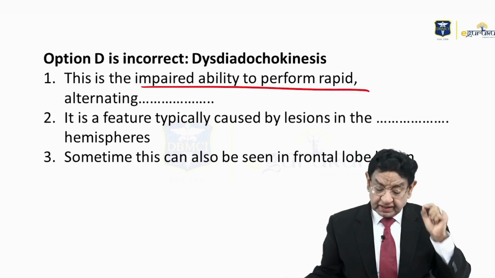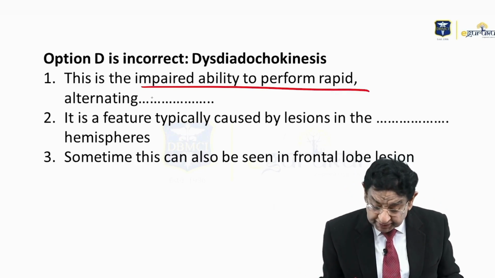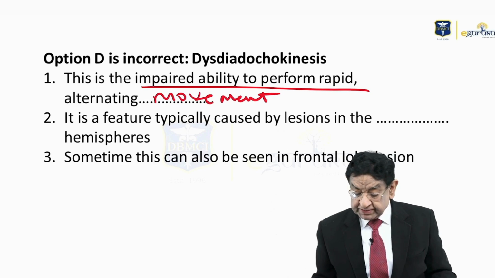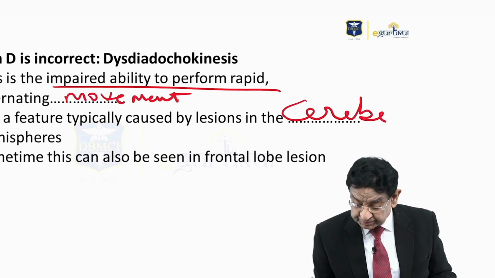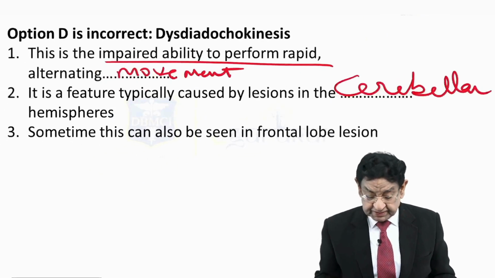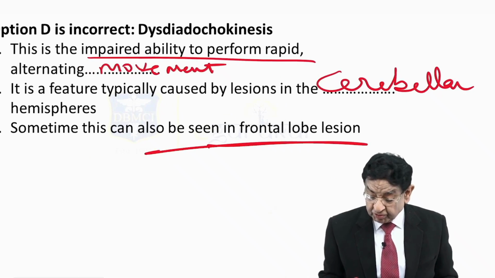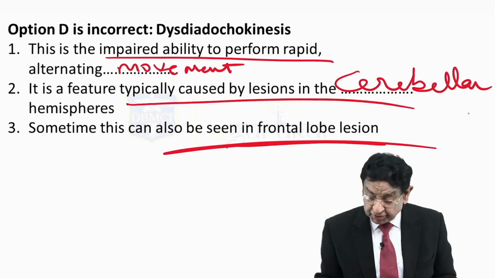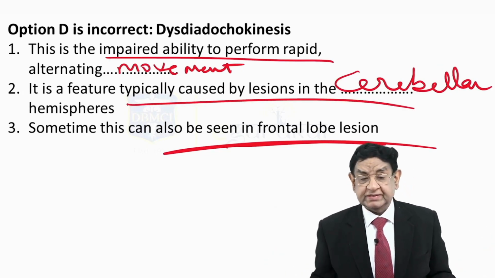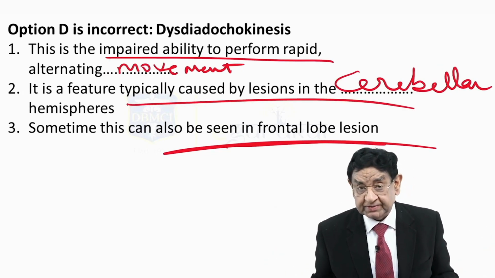Now, alternating movement. It's a classical feature of cerebellar disease. But sometimes it may occur in frontal lobe lesion also. Not known to most students, but of course, no doubt about it, this is seen in cerebellar diseases.